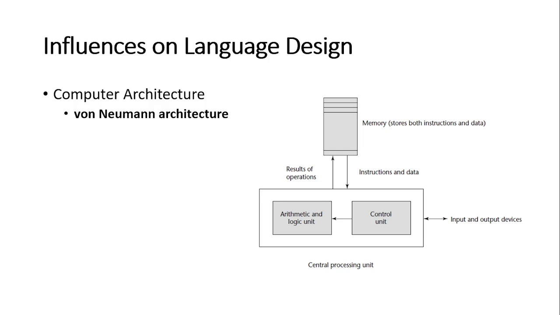Because of the von Neumann architecture, the central features of imperative languages are variables, which model the memory cells, assignment statements, which are based on the piping operation, and the iterative form of repetition, which is the most efficient way to implement repetition on this architecture.